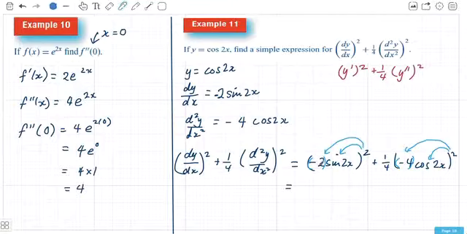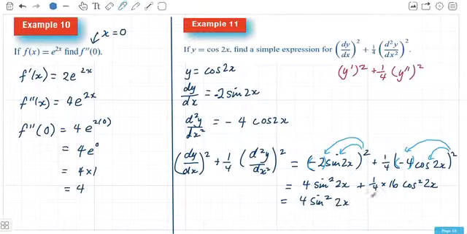A negative squared is a positive, and 2 squared is 4. So this is 4 sine squared of 2x, I've squared the trig as well. Plus a quarter of, squaring the negative makes it positive, and squaring 4 is 16, and then squaring the trig as well. So I've got 4 sine squared 2x plus a quarter of 16, which is 4, cos squared 2x.